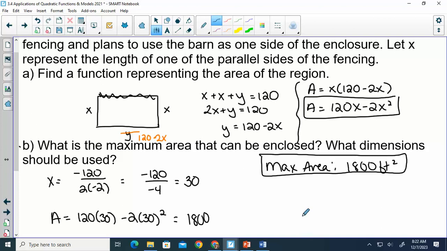When I ask for the dimensions, what am I asking for? So if my X is 30, and how did you get that? You can plug it into your Y equation, or you can do the area divided by 30, a couple ways of getting that.